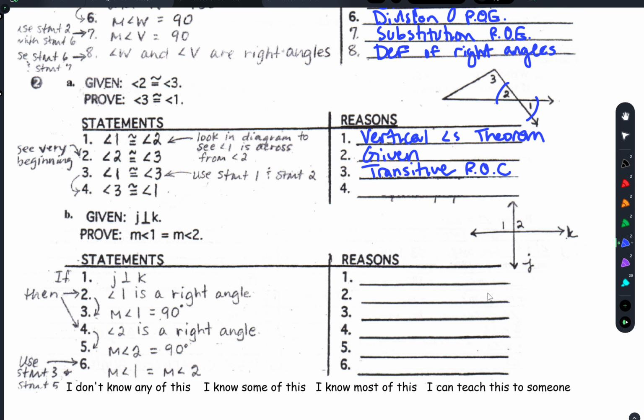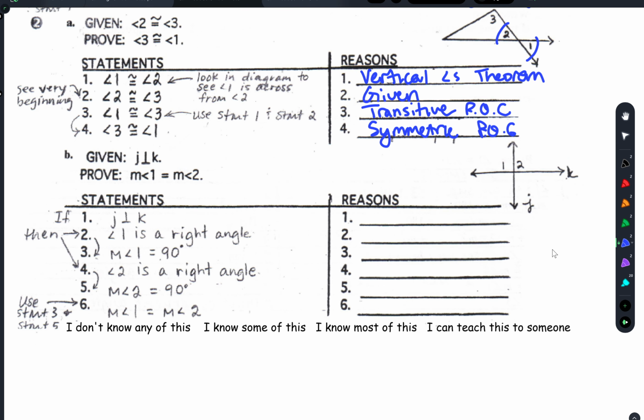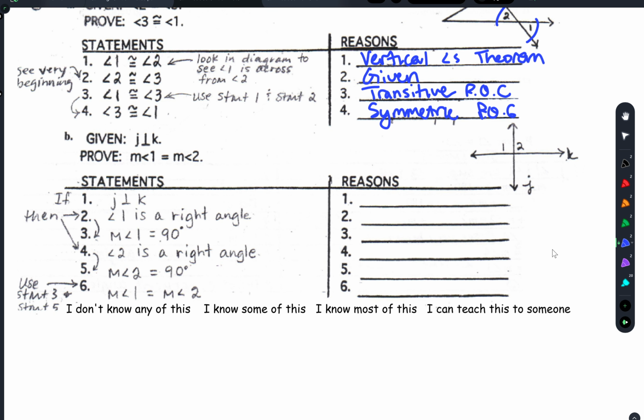And then step 4. Casper? Perfect. Remember, symmetric property of congruence, that's our mirror property. So we're flipping the two pieces. That's symmetric.